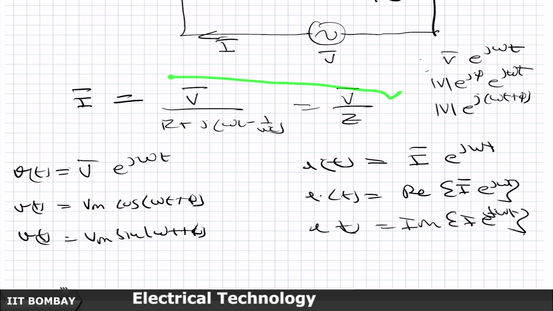Really speaking, this is all the operation that is involved. First, write this complex number V bar, which is the magnitude of V, which I am taking as Vm, times e to the power j phi. And I have more to say about polar coordinates in the next class.